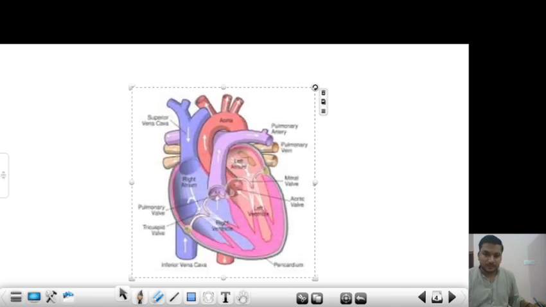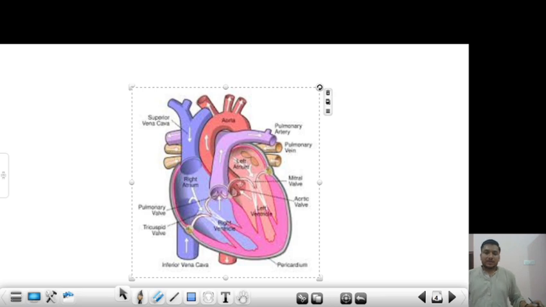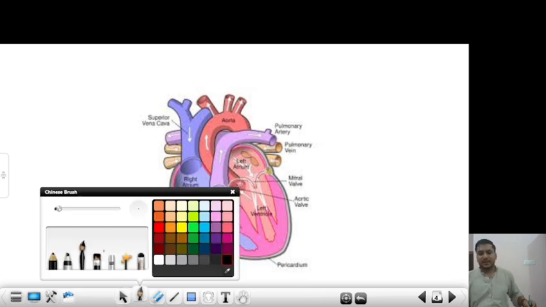So, here you can see a diagram of the human heart. In this, you can see various labelings. So today we are going to tell you what are the functions of different parts of the heart. So before starting, let us discuss some points that are related to the structure of heart.